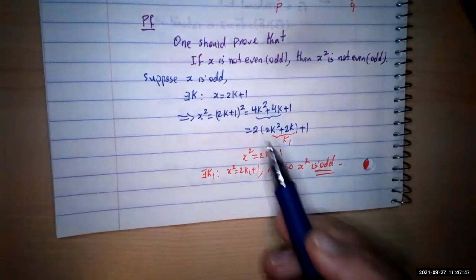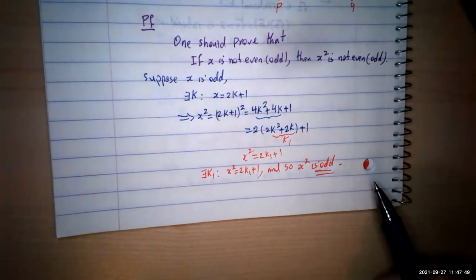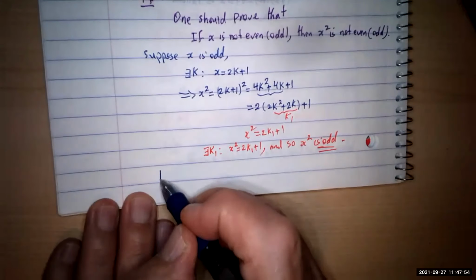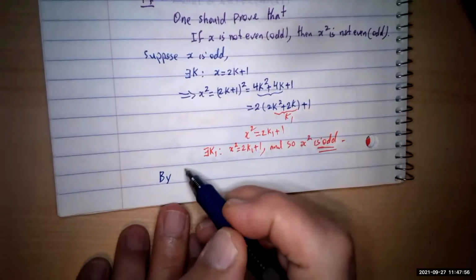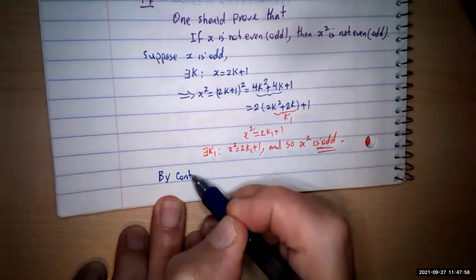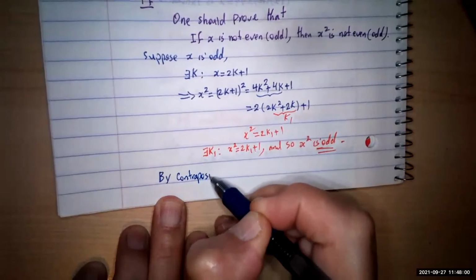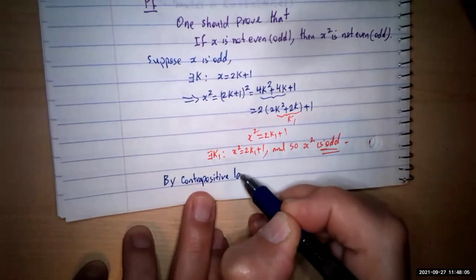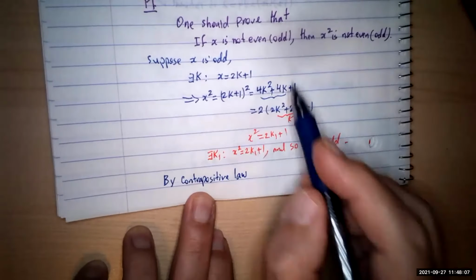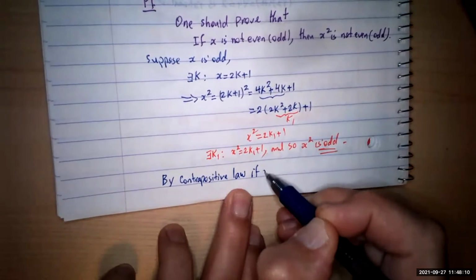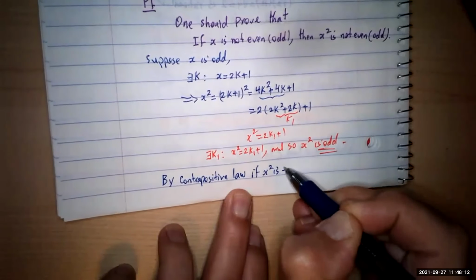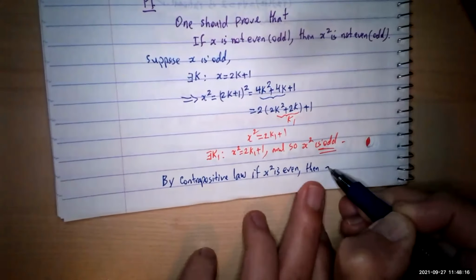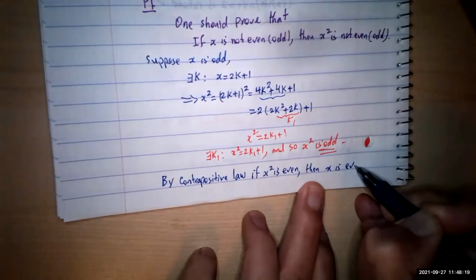Okay, so you start with the fact that x is odd, then you prove that x squared is going to be odd. You are not done. You say, oh, by contrapositive, or contrapositive law, now your statement is what you want to prove: if x squared is even, then x is even, and you're done.